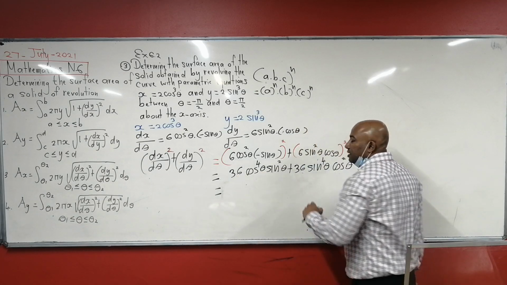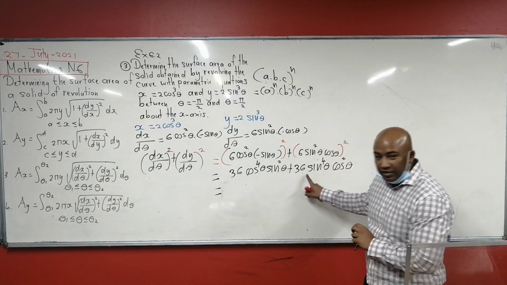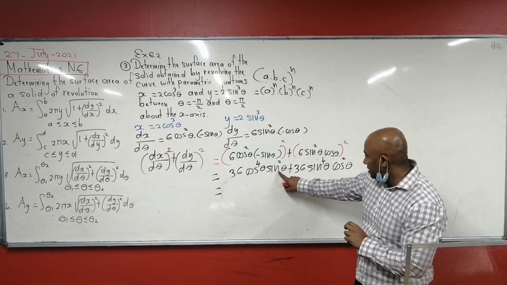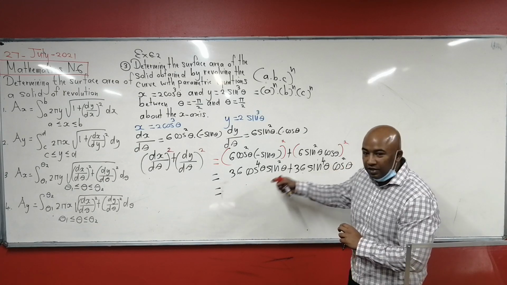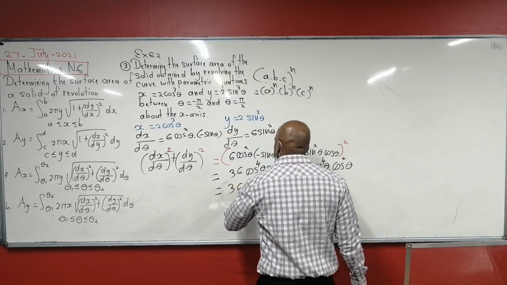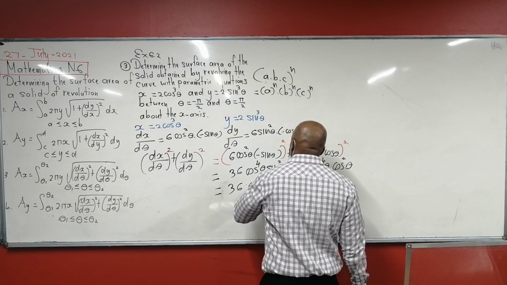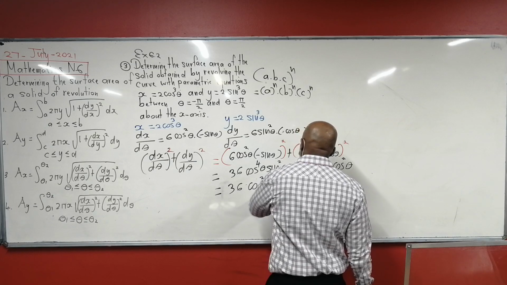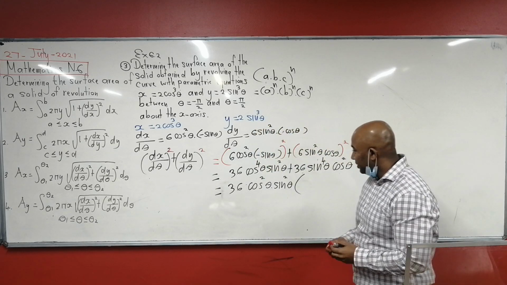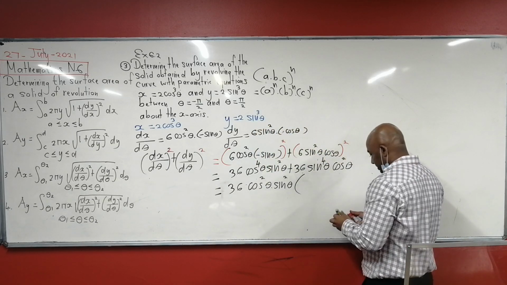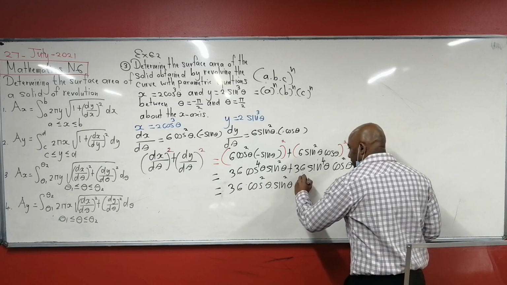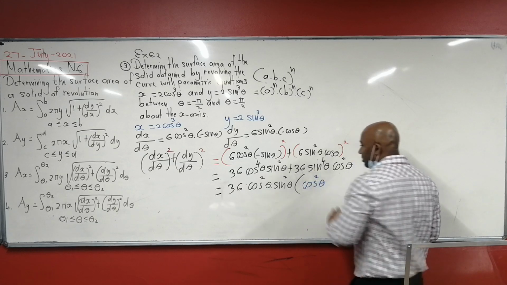So now, notice that there's a common factor of 36. There's a common factor of sine squared. And there's a common factor of cos squared. Can you see that? So that's going to be 36 cos squared times sine squared. So now I took out my common factor. What am I left with inside here? If I took out 36 cos squared sine squared, that means I'm left with cos squared here, am I right?